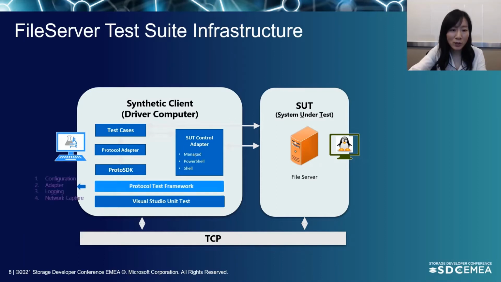The Protocol Test Framework provides functionalities like configurations, adapters, logging, and network captures. The FileServer Test Suite also includes test cases, Protocol SDK, and SUT control adapters. The SUT control adapters can be used to make configurations or set status on the SUT.